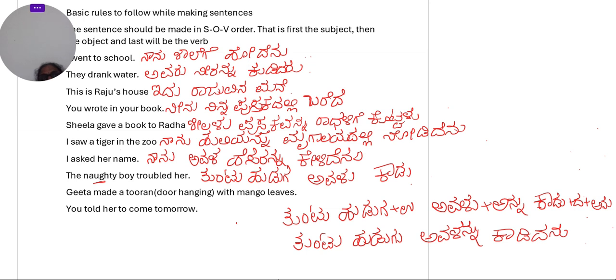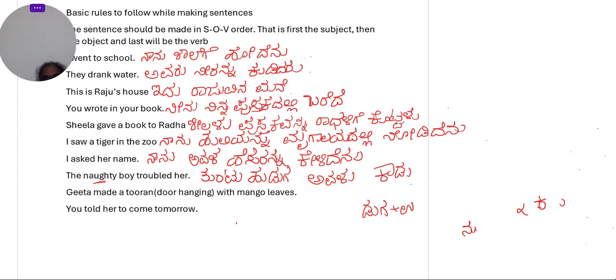So this means the naughty boy troubled her. Tuntu huduga avalannu kadidanu. Okay, so now let us write the sentence with all the suffixes added. So tuntu huduganu, avalannu, kadidanu.